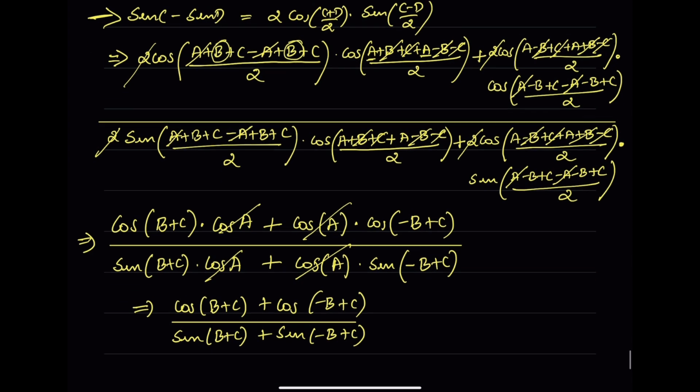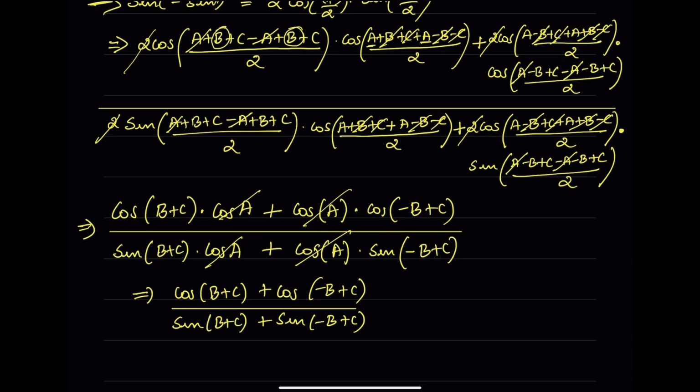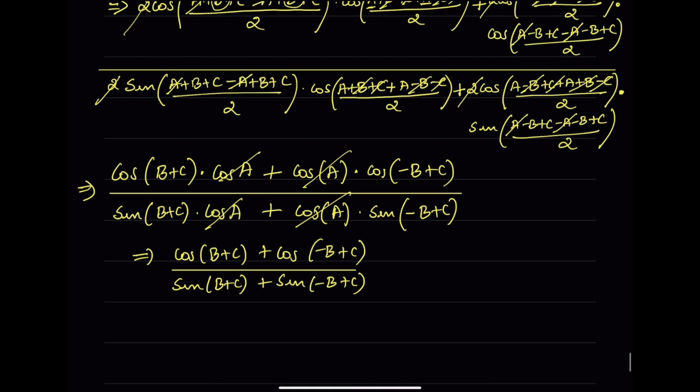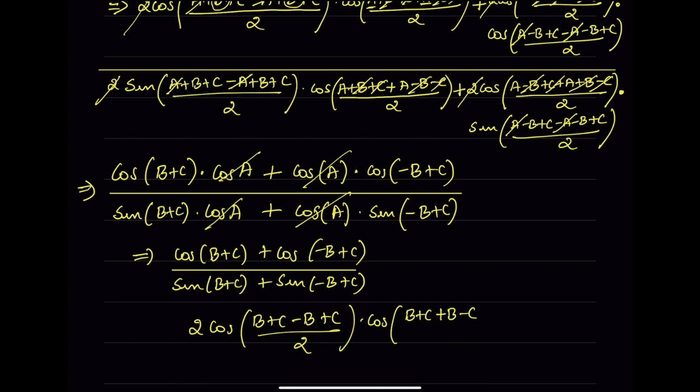Again we can apply the formula of cos C plus cos D divided by sin C plus sin D. That will be 2 cos of (B plus C minus B plus C)/2 times cos of (B plus C plus B minus C)/2.